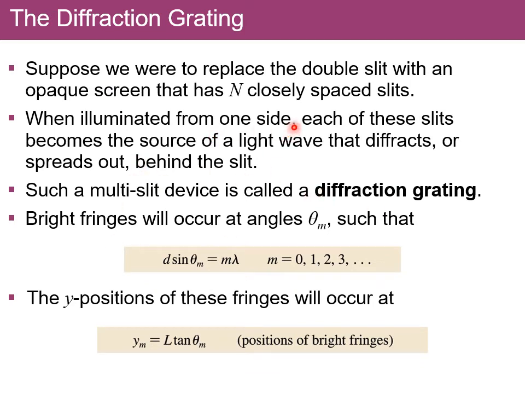Suppose we were to replace the double slit with an opaque screen that has N closely spaced slits. When illuminated from one side, each of these slits becomes the source of a light wave that diffracts or spreads out behind the slit. Such a multi-slit device is called a diffraction grating.